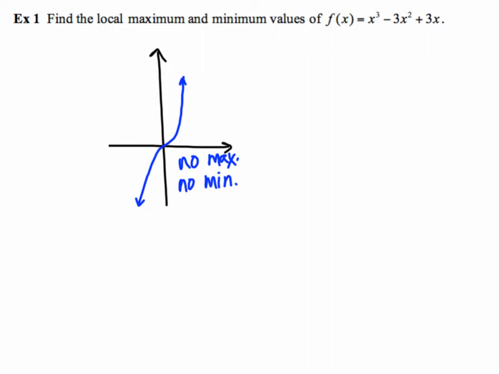In example 2, it says find the local max and min of f of x equals x cubed minus 3x squared plus 3x. And you can see that it is a cubic graph. So this is the same equation from example 1. So there's no max and no min value.